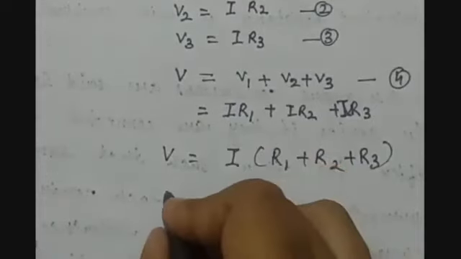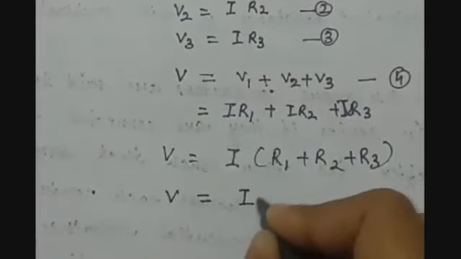If we compare it with the Ohm's law equation, V is equal to IR, where this R is the resistance of the circuit, I is the current flowing in the circuit, and V is the potential difference applied across the conductor.